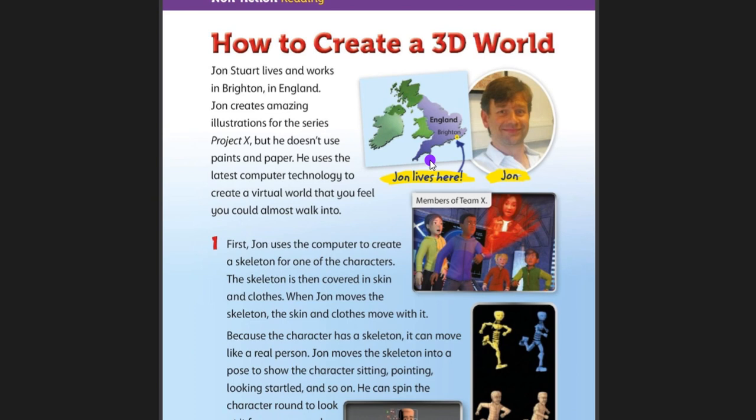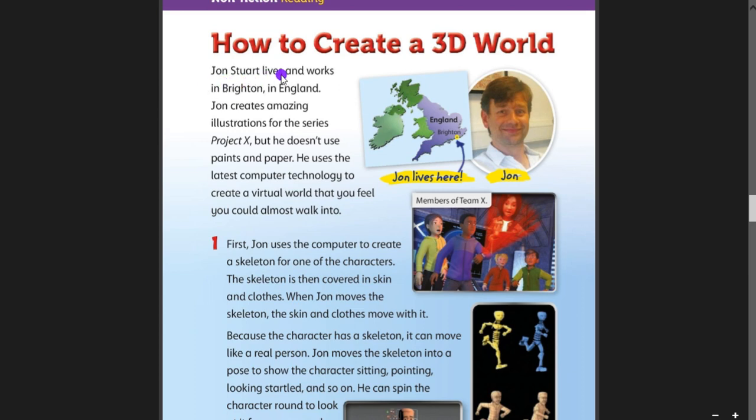Do you remember where we had introduction and the photos or pictures or diagrams, and there was a table that we also call a chart, and we had a caption and main heading and subheadings. Remember all of those features? Good. So this one here, how to create a 3D world, that's the heading, the main heading, the big one. I'll start reading.